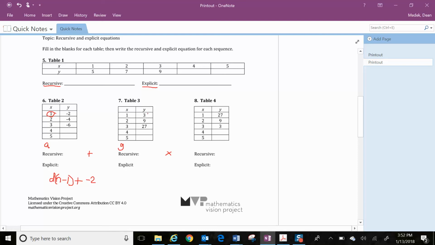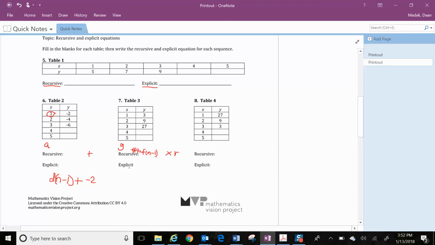And this one, likewise, the common ratio is what you're going to be multiplying by for the recursive rule. So this is f of n minus 1. I can't fit the f of n in here, so it would go before it: f of n equals f of n minus 1 times r.